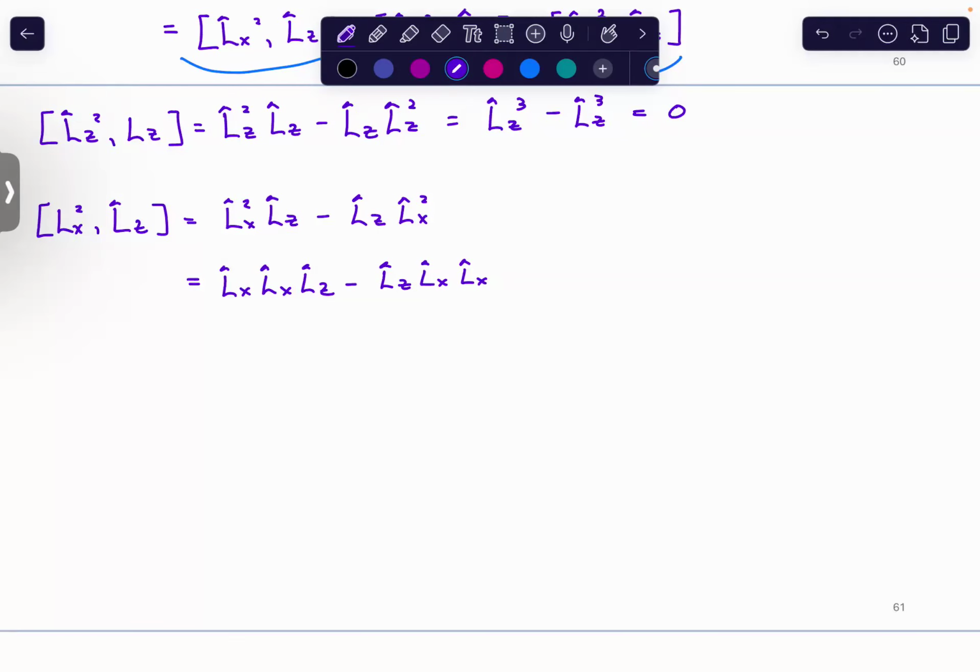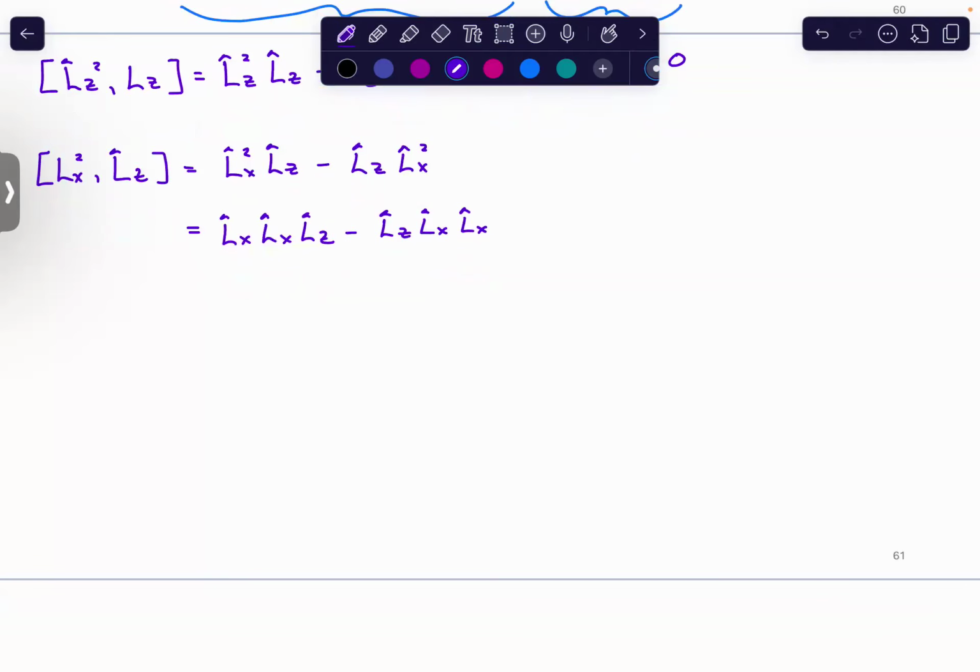What I mean is, I'm going to do minus Lx Lz Lx plus Lx Lz Lx, which is 0, in my last term.